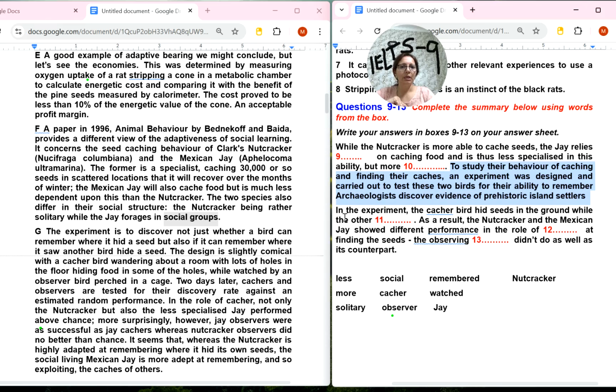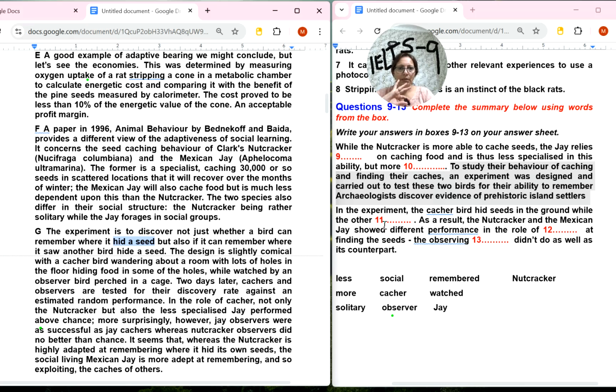Now the 11th question. In the experiment, the catcher bird hides seeds in the ground while the other dash. Okay, the word hide is here. The experiment is to discover not just whether a bird can remember where it hid a seed but also if it can remember where it saw another bird hide a seed.